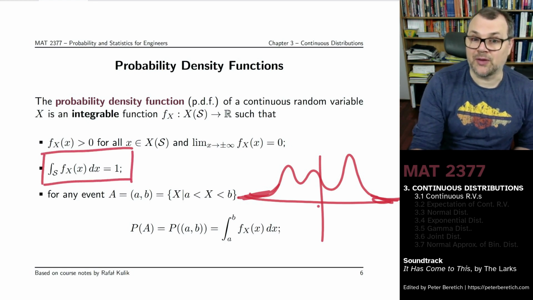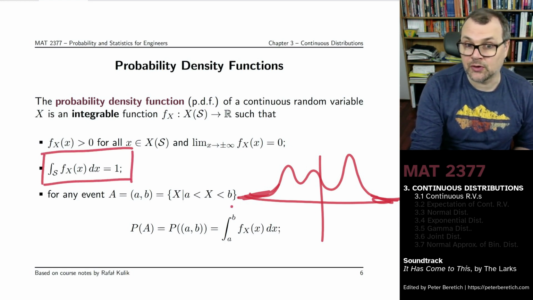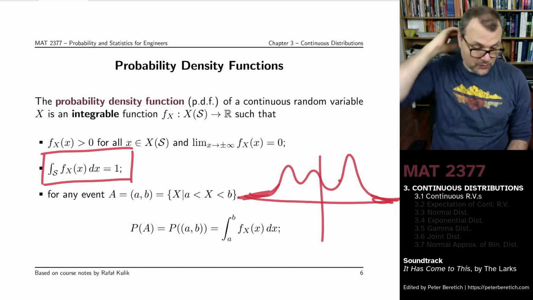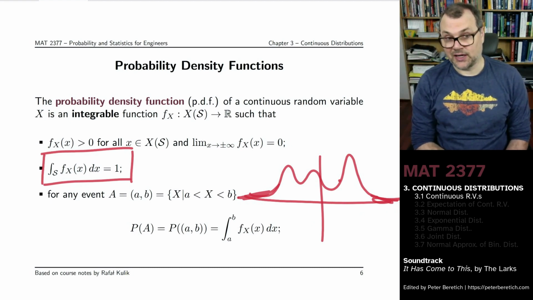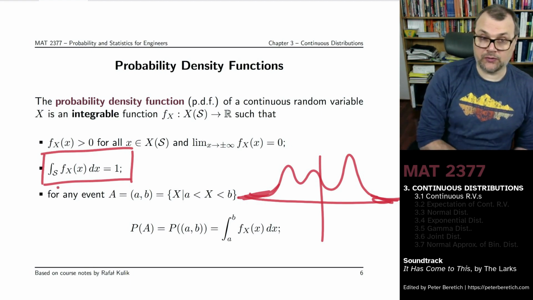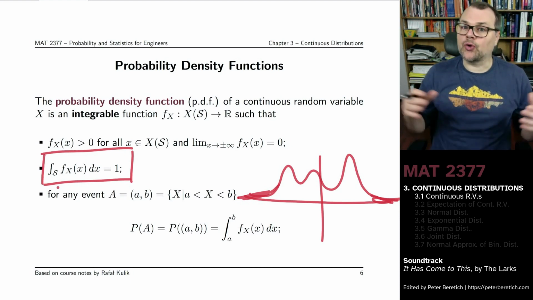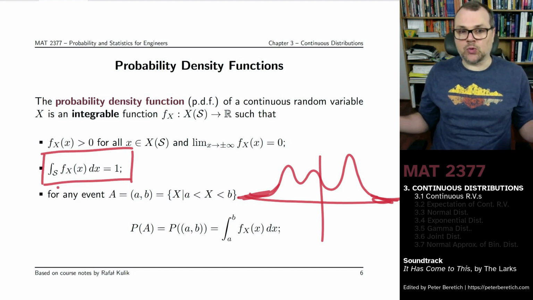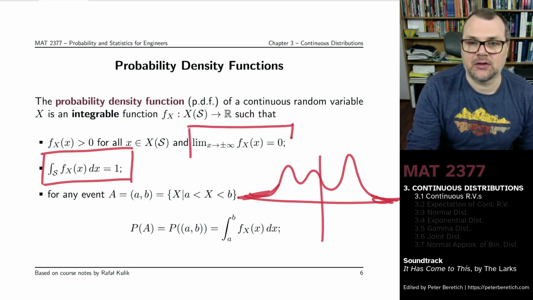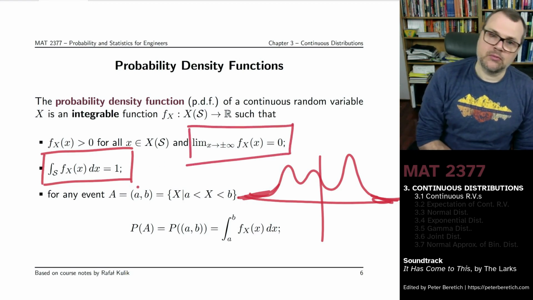It's not sufficient. I mean, you can have curves that go to 0 at positive infinity and negative infinity, for which the area under the curve isn't finite. It isn't equal to 1. But if you want the area under the curve to be equal to 1, if you want the total probability to be equal to 1, you at least have to have that the limit of the PDF at positive infinity and negative infinity should be 0.